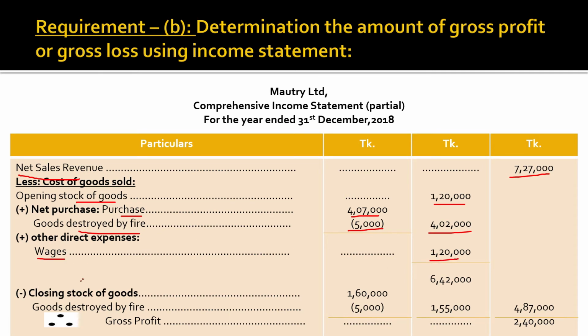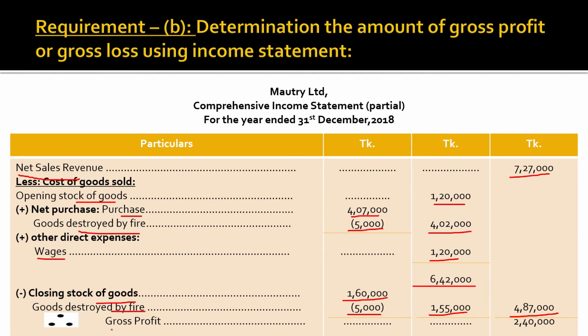So goods available for sale 6,42,000 taka less net closing stock of goods. Here closing stock of goods 1,60,000 taka minus goods destroyed by fire 5,000 taka. So net closing stock of goods 1,55,000 taka. So cost of goods sold 4,87,000 taka.